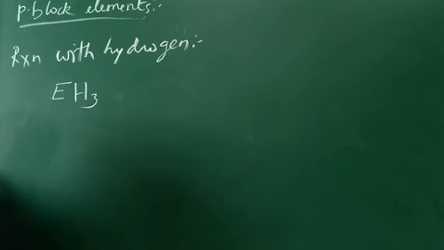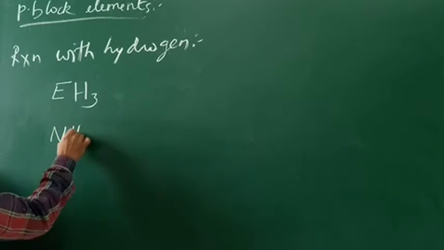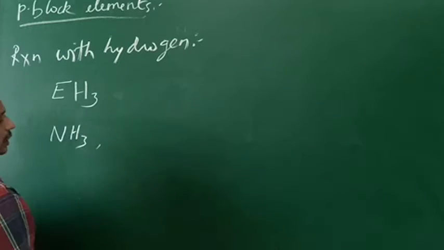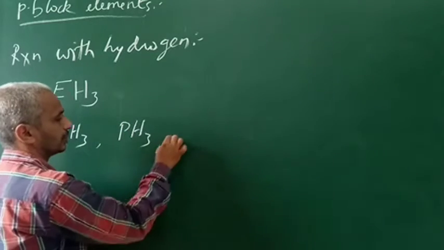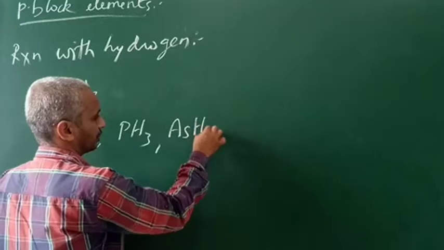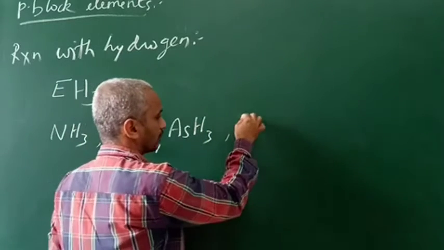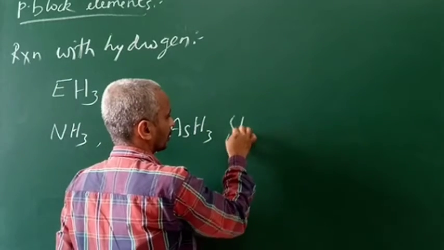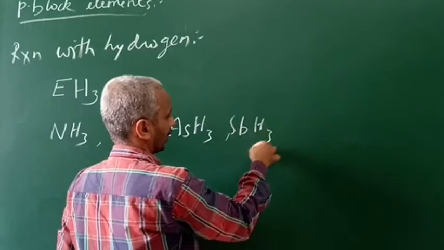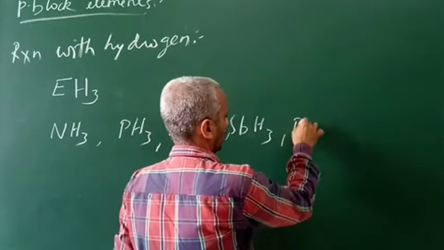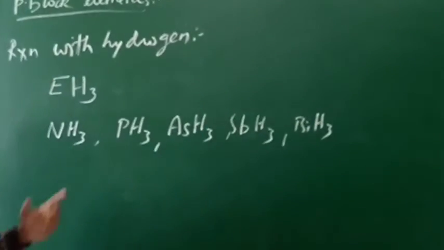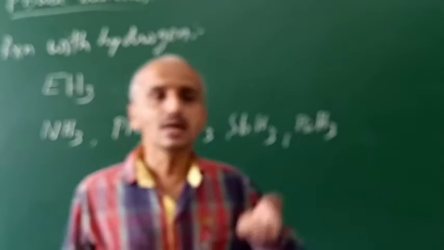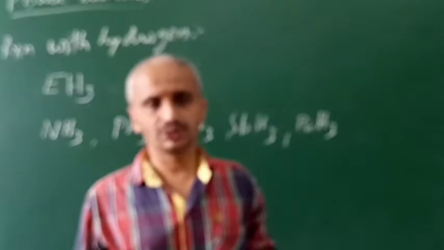Examples: NH3, then PH3, AsH3, then antimony hydride, BiH3. These form the hydrides.